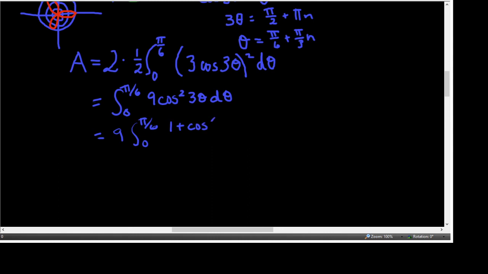Doubling 3 theta gives us 6 theta, over 2. So that 2 in the denominator is a constant that I can pull out. And now I'm integrating from 0 to pi over 6, 1 plus cosine of 6 theta, d theta.